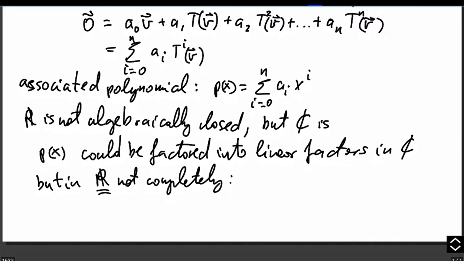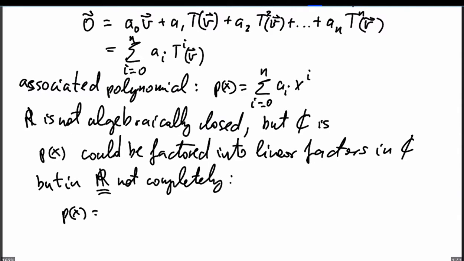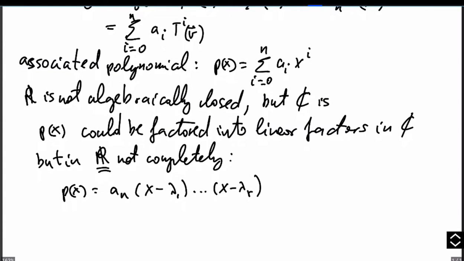What we can do in the real numbers is write it with the leading coefficient an, and then we can have some linear factors for sure. These would be the eigenvalues, x minus lambda 1, ..., x minus lambda r, or at least some of them are supposed to be the eigenvalues. So these correspond to real roots.